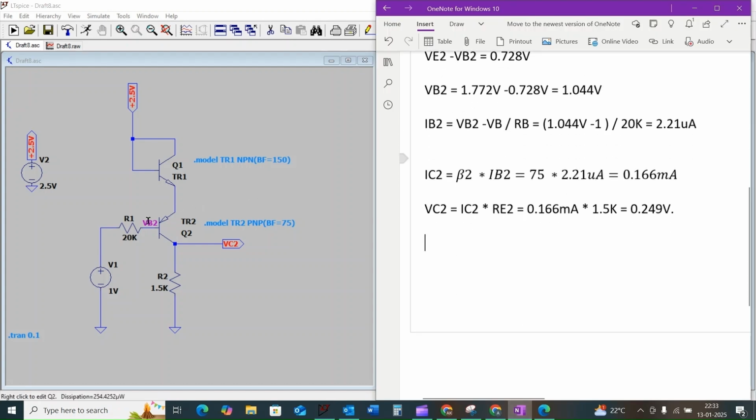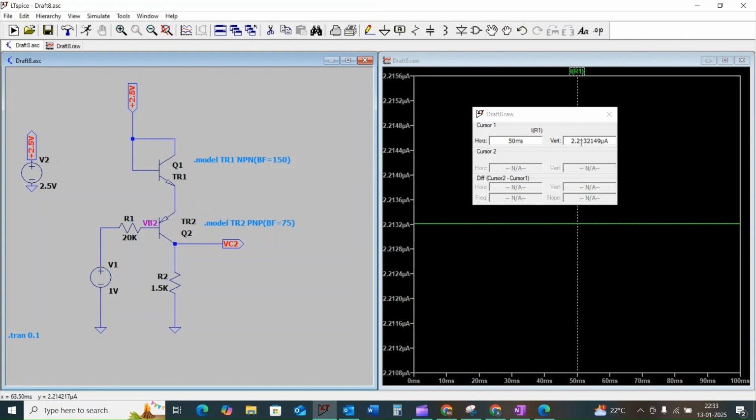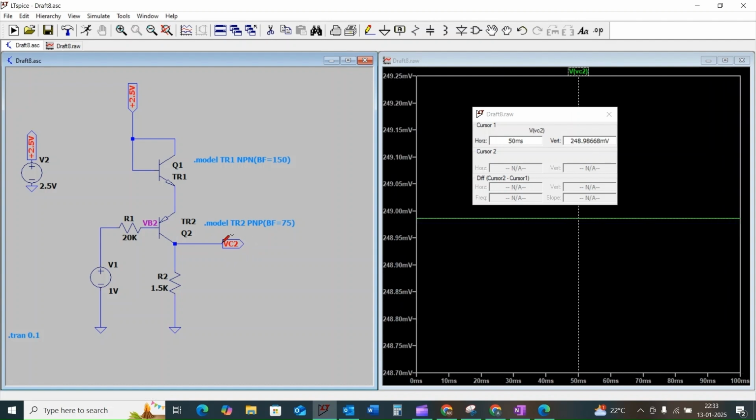The current through the base terminal of the transistor Q2 is 2.21 microamps, the current through the collector terminal of the transistor Q2 is 166 microamps, and the voltage at the collector terminal is 249 millivolt. So the theoretical calculation and the simulated value approximately match each other.